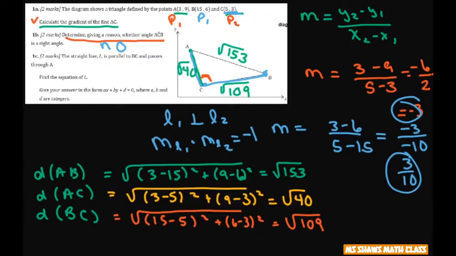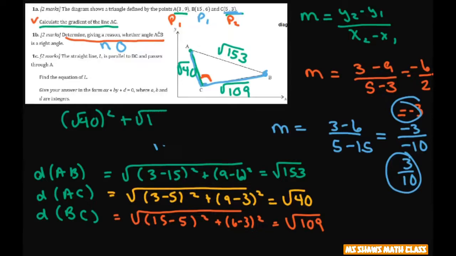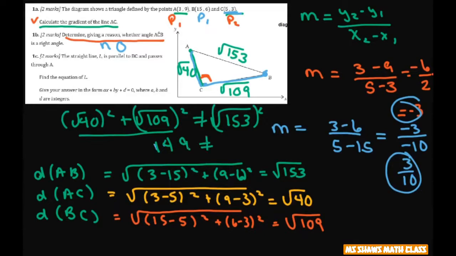Now, if you use your Pythagorean Theorem, you'll notice that square root of 40 squared plus square root of 109 squared does not equal square root of 153 squared. Because basically this is going to be 149, which does not equal 153. So that's another way to do it. All right, so let's do the next part.